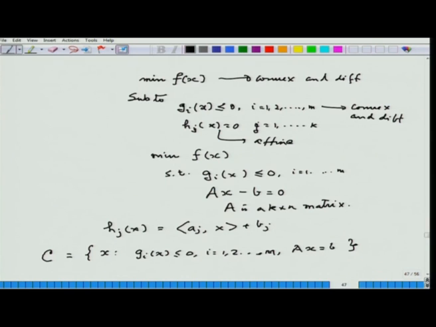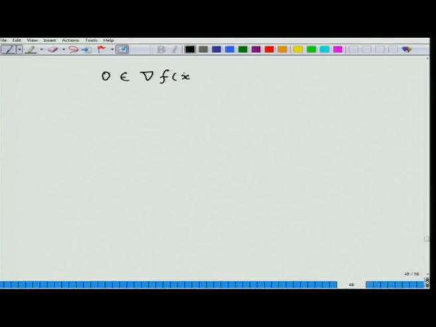So, if I want to write the optimality condition, it becomes 0 is an element of grad f(x). Suppose x bar is the minimum, so x bar is a minimizer if and only if this holds.